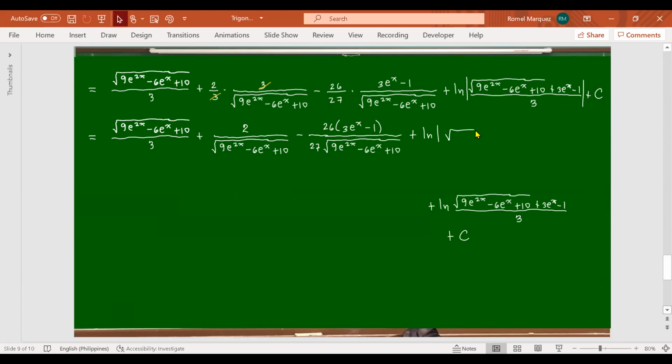So I will just have this 9 e to the 2x minus 6 e to the x plus 10, and then plus 3 e to the x minus 1. Again, minus ln3 plus c, let it be c1, where c1 is equal to c plus ln3.